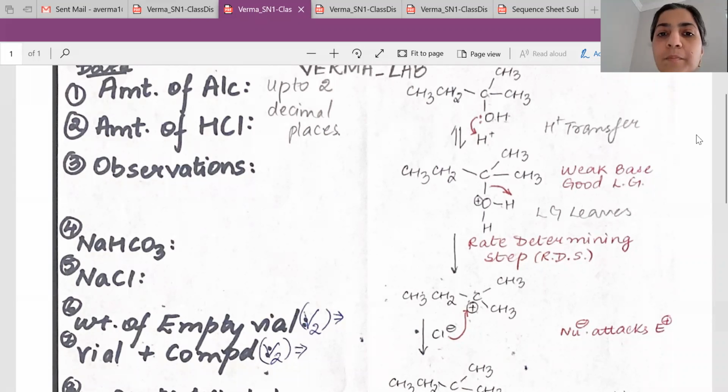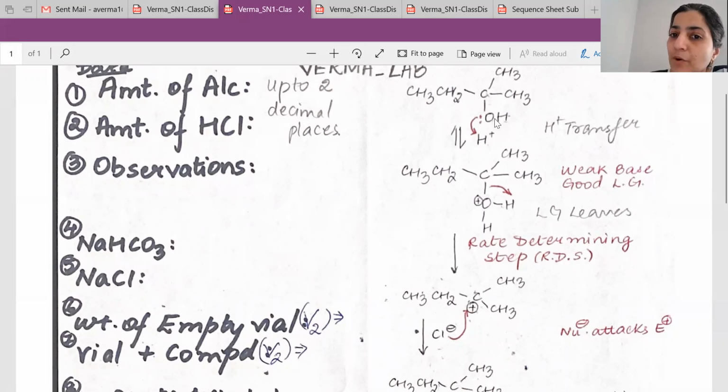Looking at our particular experiment, the first step, which is the rate determining step, is formation of the carbocation. The leaving group leaving determines how fast or slow the overall reaction would be, and hence it is labeled as the rate determining step.